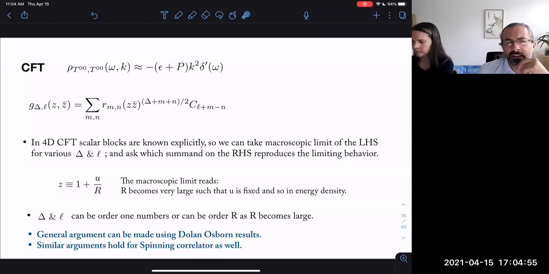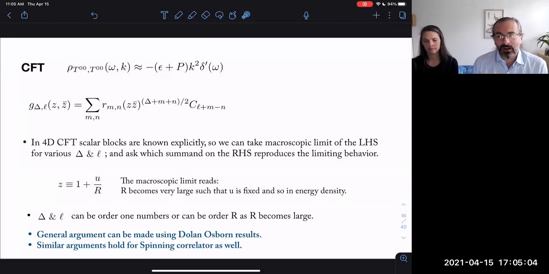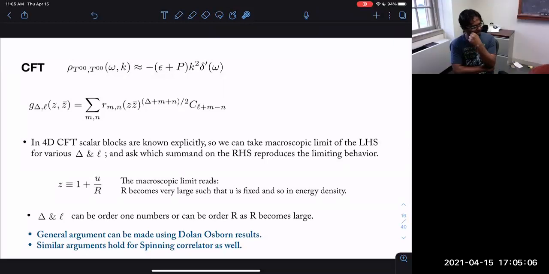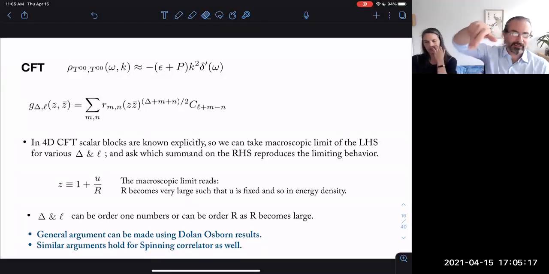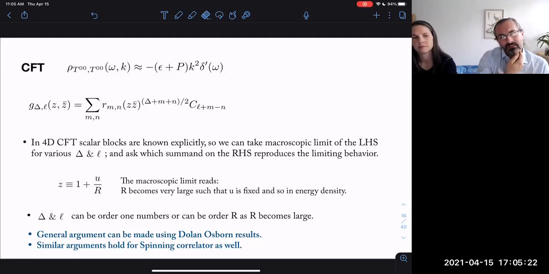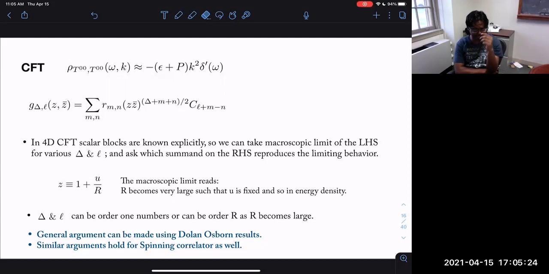Question: Is there an intuitive way of understanding it? I understand you do the calculation and see that it comes out like that, but why? I mean, the Gegenbauer part clearly plays no role because it's just telling how it turns. Everything is in the coefficients, and I guess the point is that these coefficients get suppressed very much.